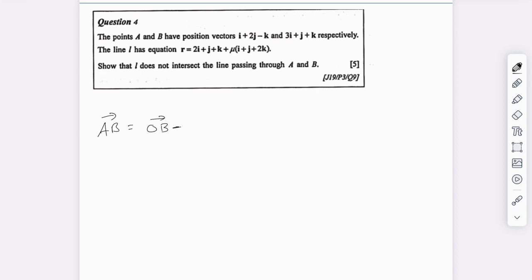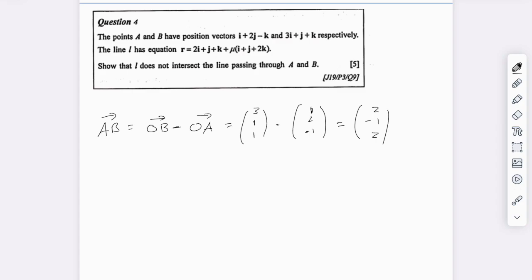OB minus OA, okay? And this therefore means that what we've got is OB, which is 3, 1, 1, minus OA, which is 1, 2, negative 1, okay, which gives me what? 2, negative 1, 2.